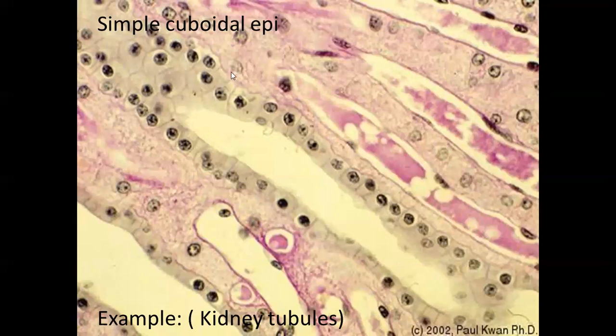For this it is called cuboidal epithelium, the cells being cubic or square, with width and thickness roughly similar. The shape of the nuclei is rounded, centrally located. One example is the lining of the kidney tubule.